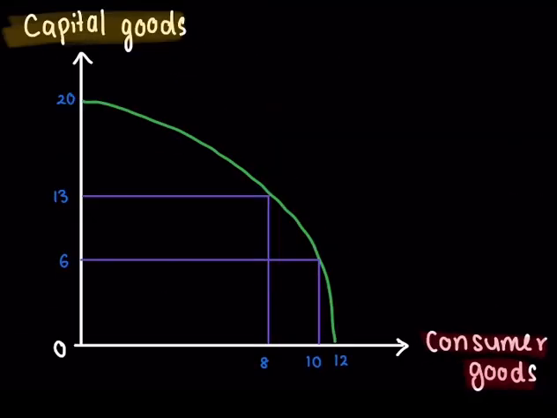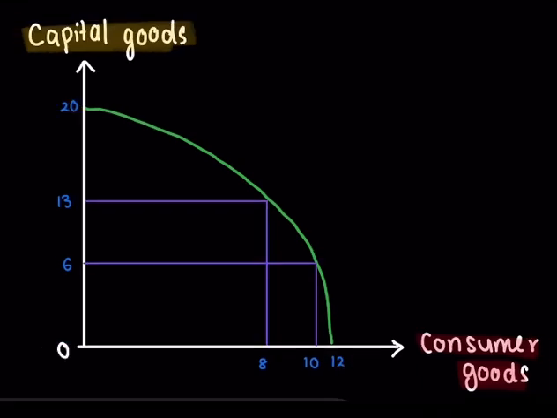This is an example of how your PPC graphs will look in your exams. So let's just say there is zero consumer goods. If there are zero consumer goods, there is a maximum of 20 capital goods that can be produced. However, if there is zero capital goods, then a maximum of 12 consumer goods can be produced with existing resources and technology.